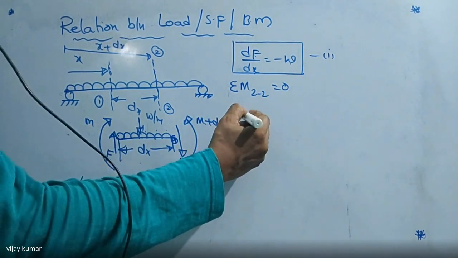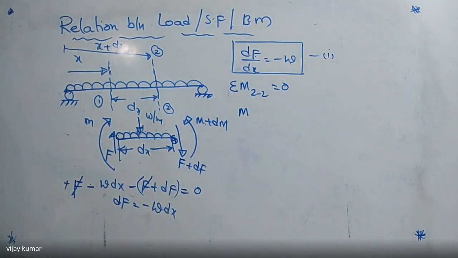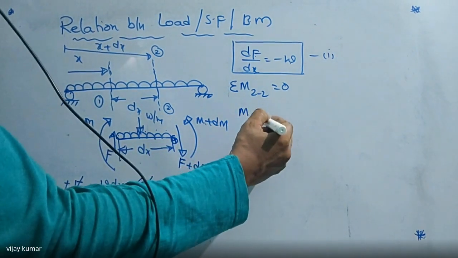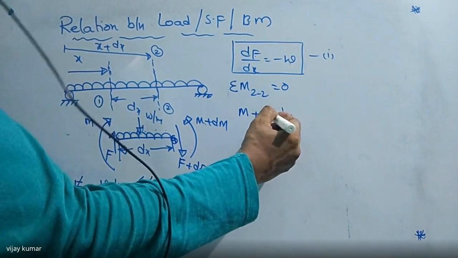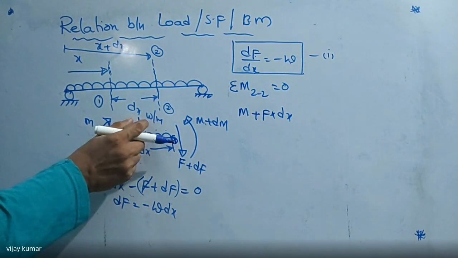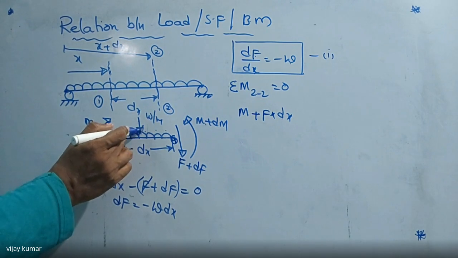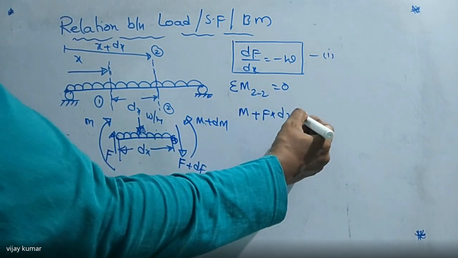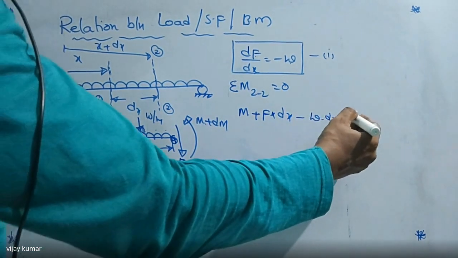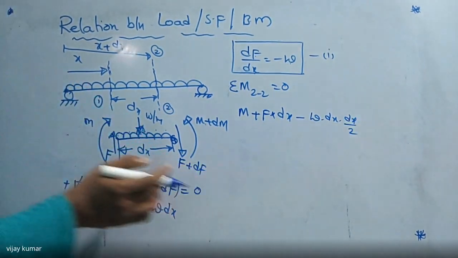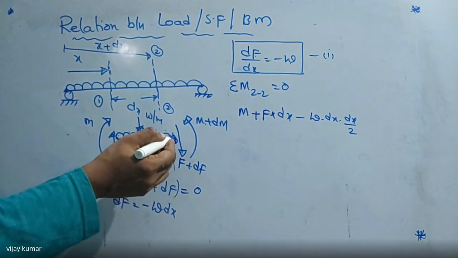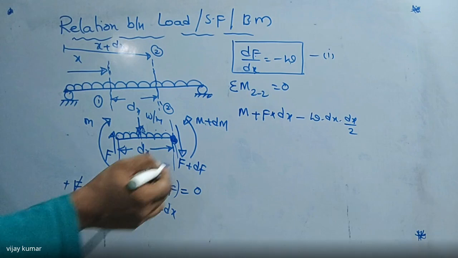So M, and this moment, that is F into dx, and this load, this UDL must be acting at the center, that is nothing but minus W into dx into dx by 2. Why? Because total load is W into dx, so half of this value. I am taking moment about section 2.